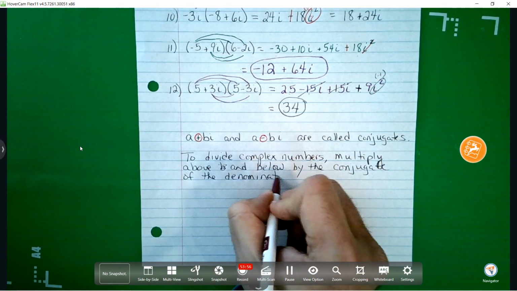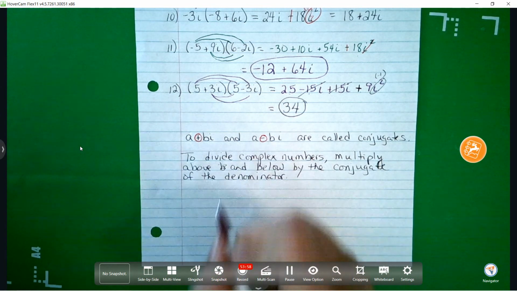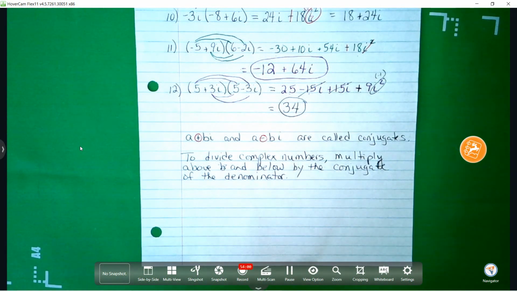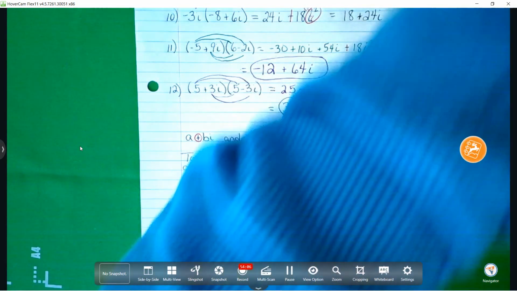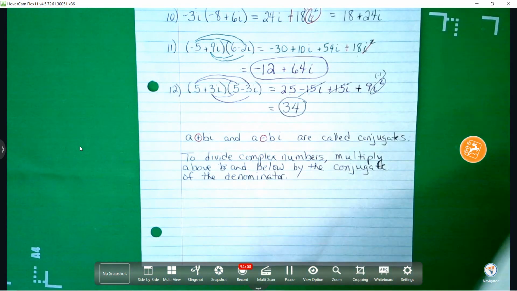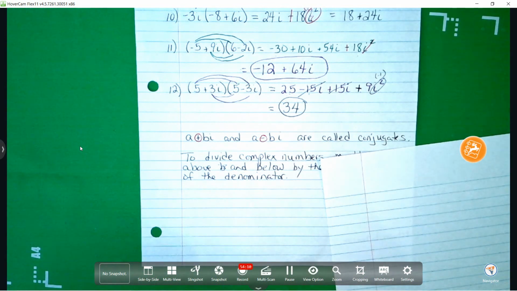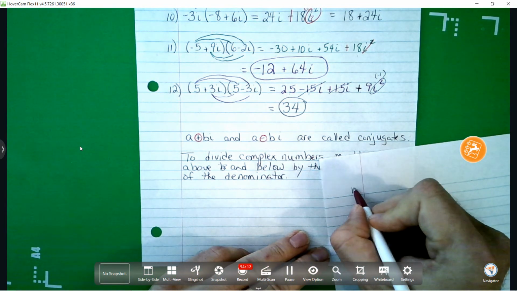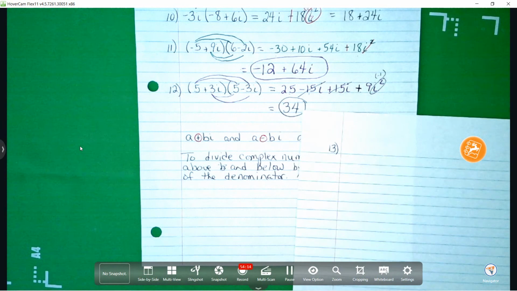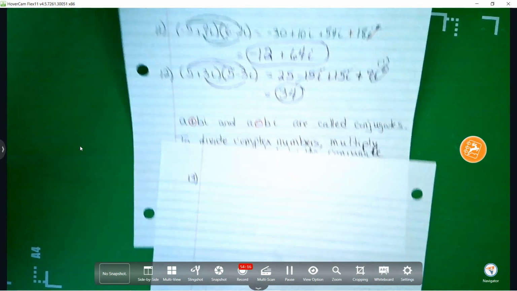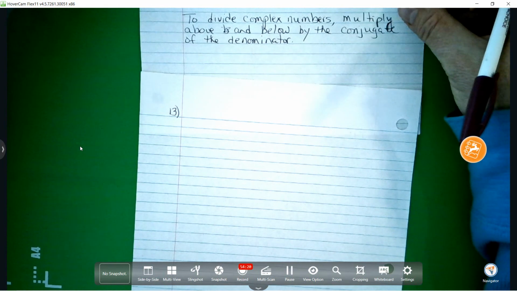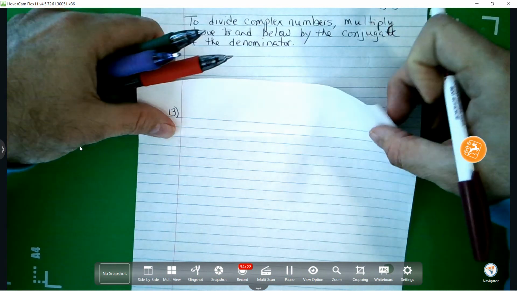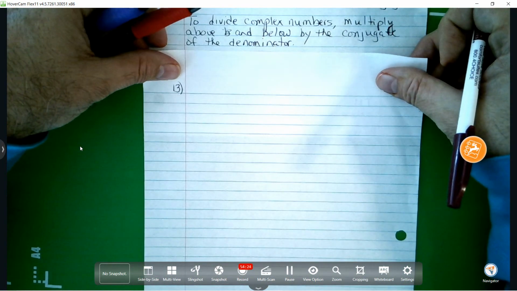The denominator is the bottom part of the fraction. D for down, if you've got to remember it. Okay. And let me show you. We're going to do problem 13, and this will illustrate what I'm trying to say. We'll write down problem 13.